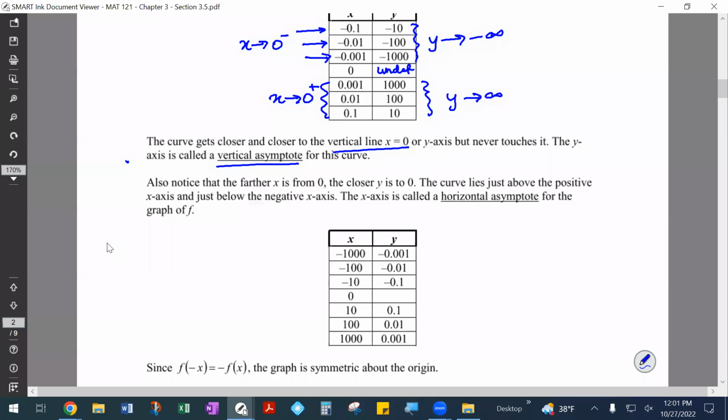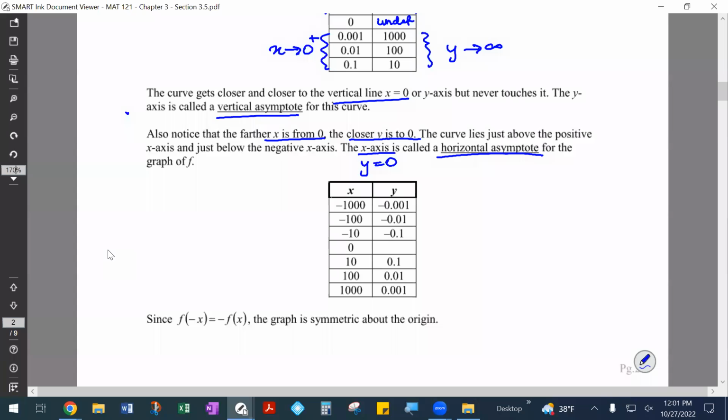Now, this little paragraph over here is talking about the horizontal asymptote. This is where, as your y is getting closer to 0, your x is moving away from 0, because remember, that is where we're starting to head towards positive and -infinity on the horizontal asymptote. So that's going to be the horizontal asymptote at the x-axis, which as an equation would be y equals 0.